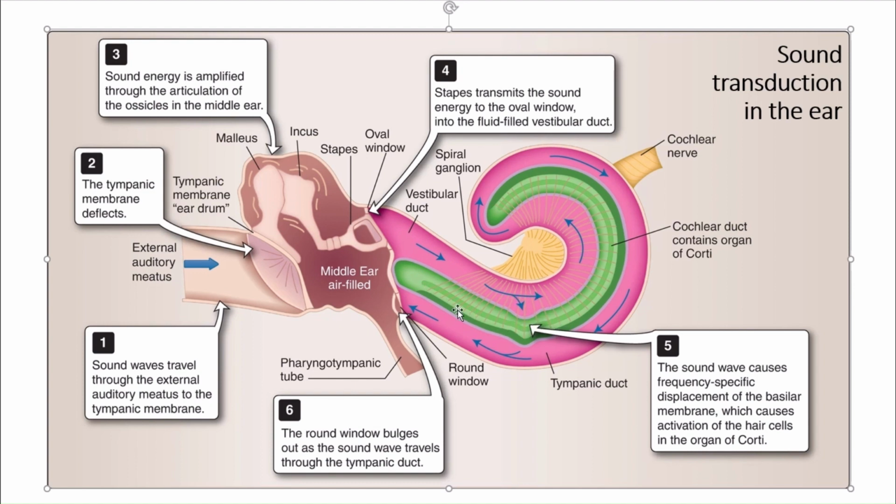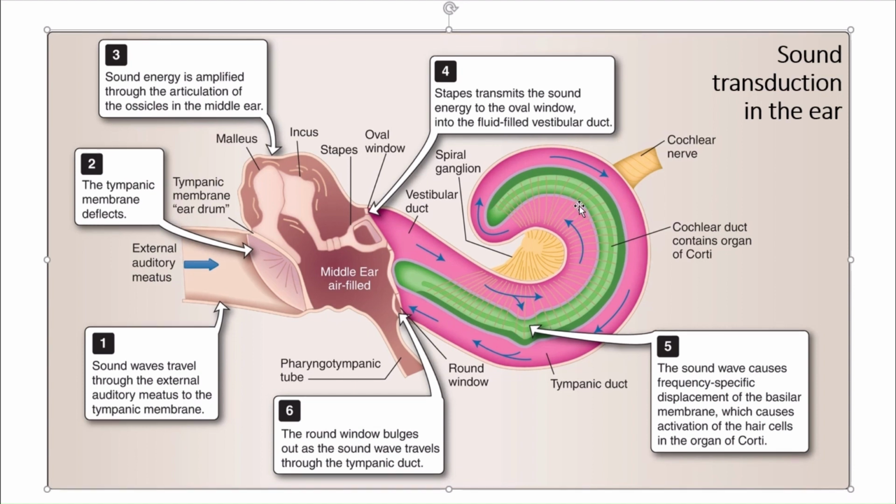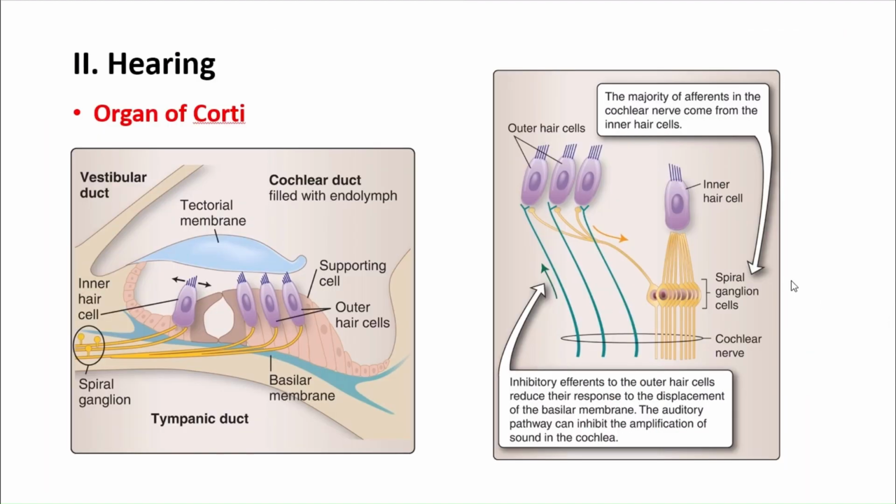So these areas of the cochlear duct and the hair cells are stimulated, and if it is a lower frequency, usually the tip of the apex is stimulated, so the nerve fibers here are stimulated. So this is the organ of Corti.